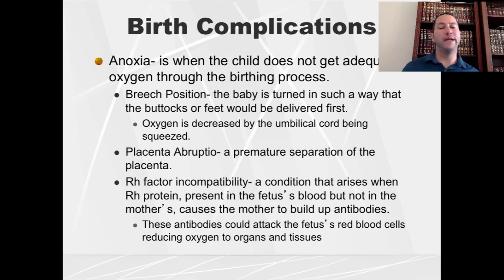And then we have Rh factor incompatibility, and this is a fascinating one where the fetus's and the mom's blood are viewed as antagonistic, and the mom is viewed as a foreign entity, and the antibodies start to attack the fetus's red blood cells and vice versa, and that could result in oxygen deprivation.